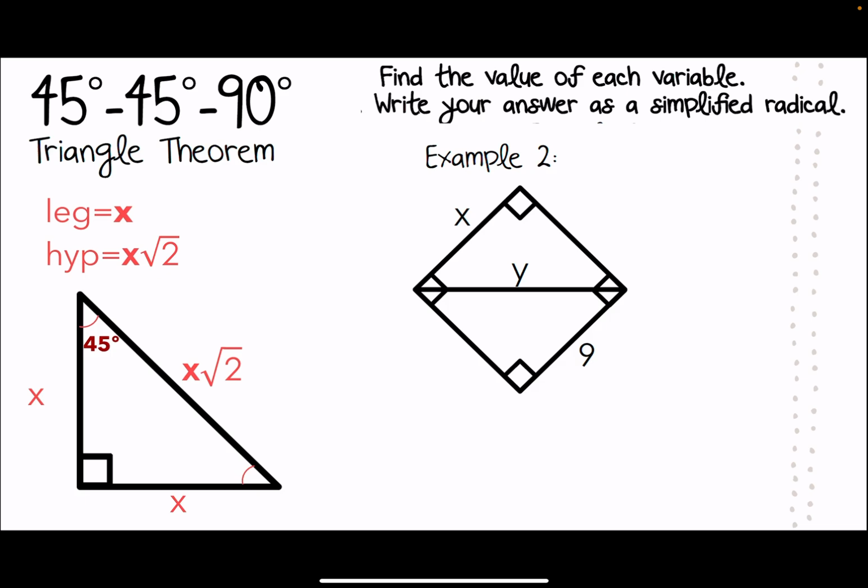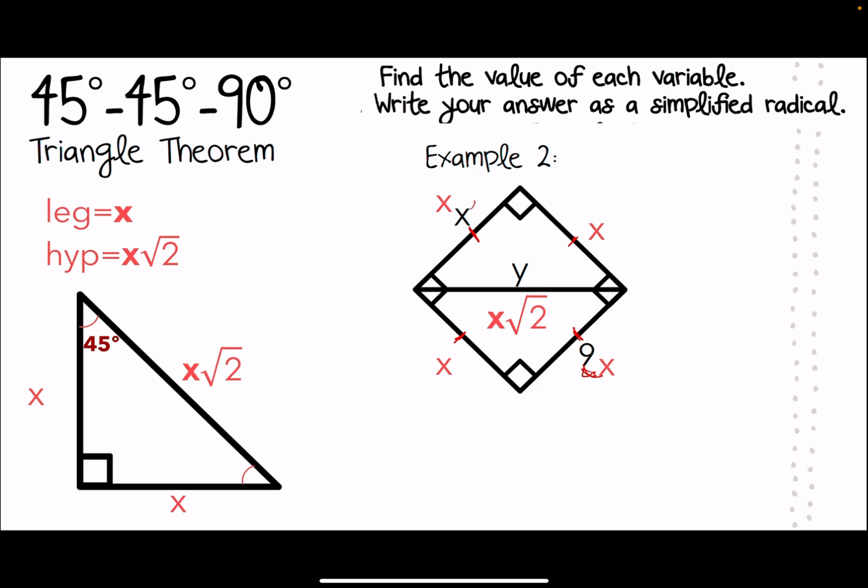This one's working with the square. We've got 45, 45, 90s. And so I'm going to mark it up, and these are going to get my congruency marks. All right, so the only given that we have is this one right here.